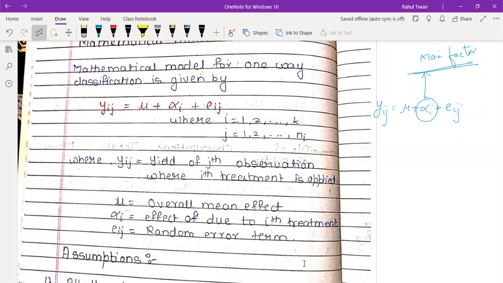Is the size of that plant increasing? Is the width also increasing? So after applying the treatment, after applying the method, is there any effect? That effect we have to measure. That's my alpha i. Similarly, we have error.